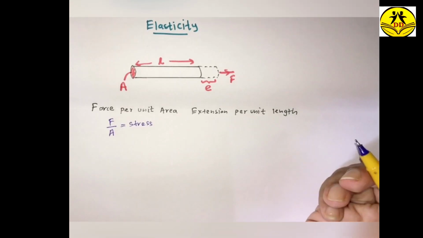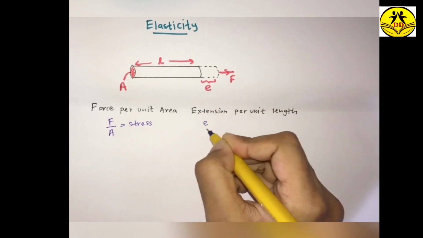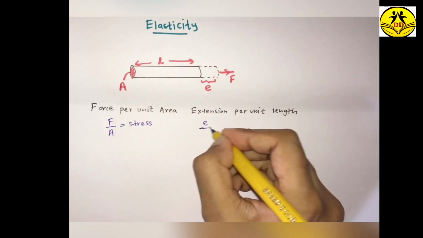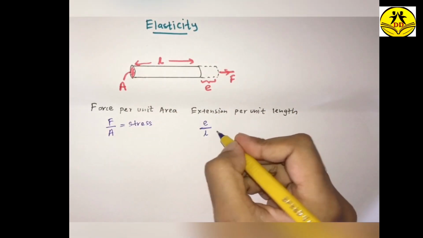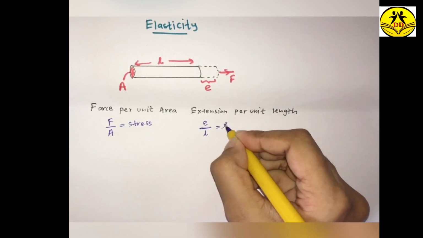And extension per unit length, that is extension E over the original length of the material, simple L, this is called strain.